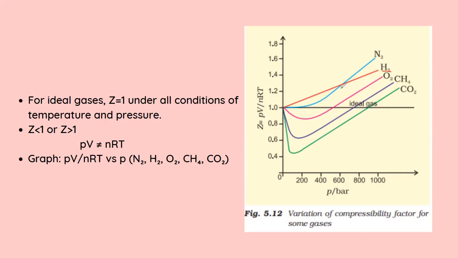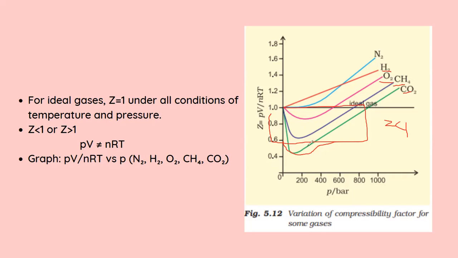On the other hand, when we talk about gases like carbon dioxide, methane, or oxygen, notice first you have a value lesser than 1 for Z. If you notice this area, in this area the value of Z is less than 1, and this is at lower pressures.